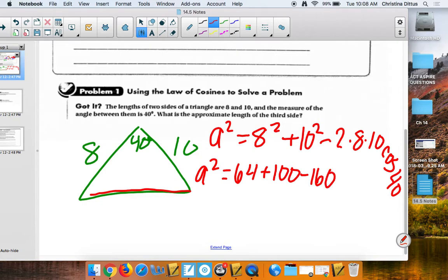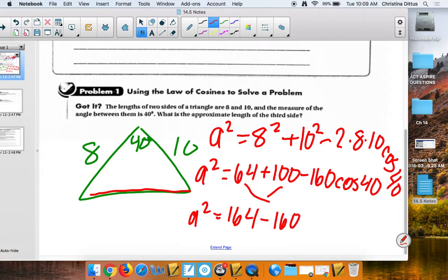So I have minus 160 cosine 40. Let's simplify the 64 plus 100. So I get 164 minus 160 cosine 40.